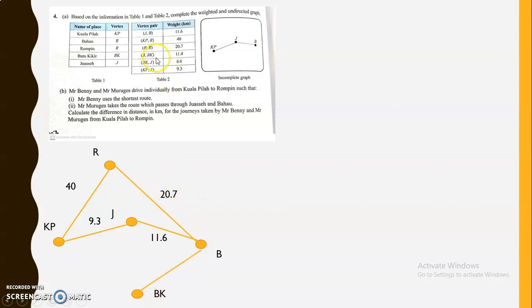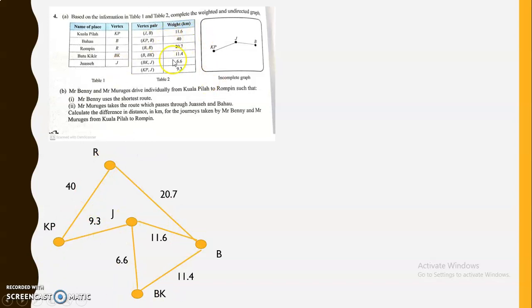Okay, and then Bahau to Batu Kikir is 11.4. Okay. And then Batu Kikir to Juasseh is 6.6. Okay. And then KP, Kuala Pilah to Juasseh is 9.3. Here, 9.3. So we complete this graph.